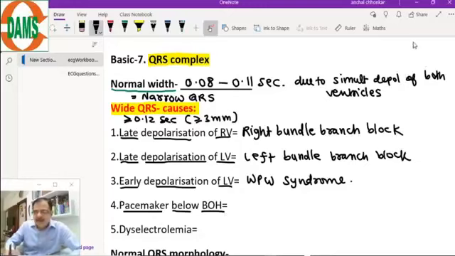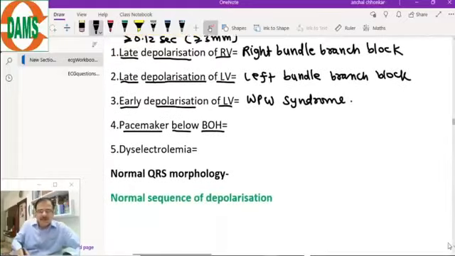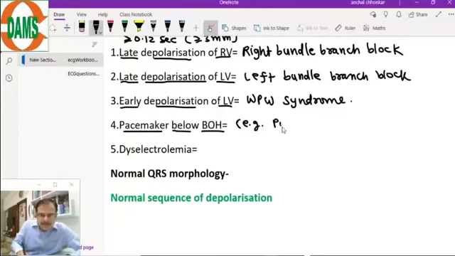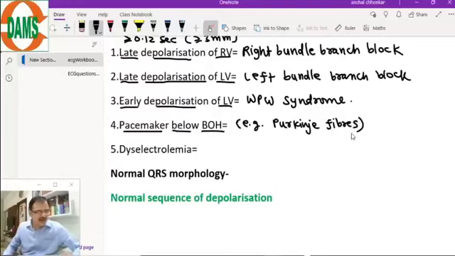So a pacemaker below the bundle of His for the ventricles, for example, Purkinje fibers. Purkinje fiber, yes, idioventricular rhythm.